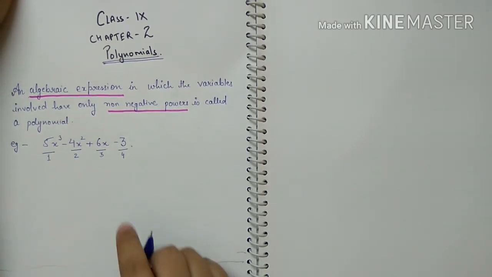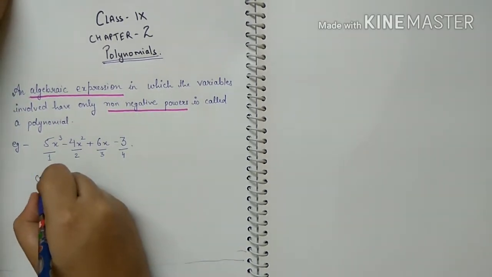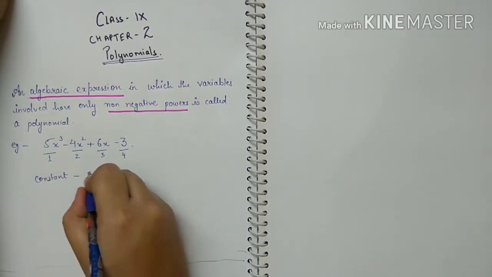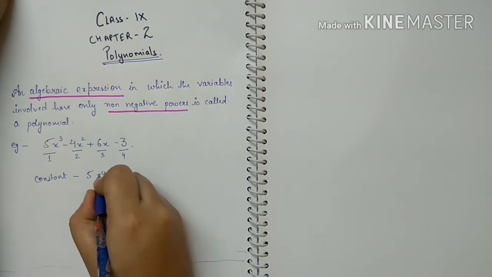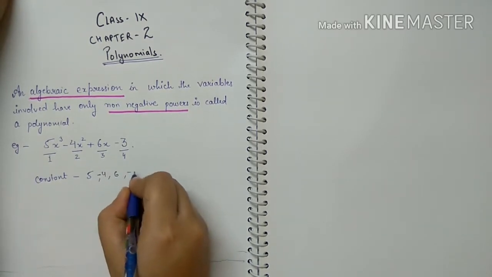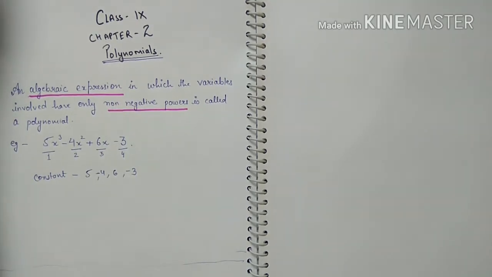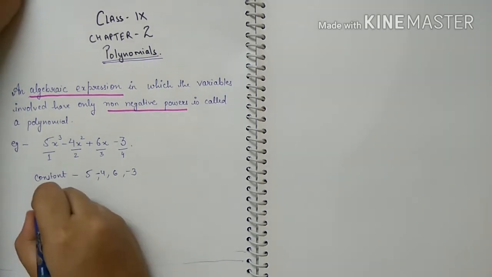Each term has a constant: 5, minus 4, 6 and minus 3. Here the variable is x.